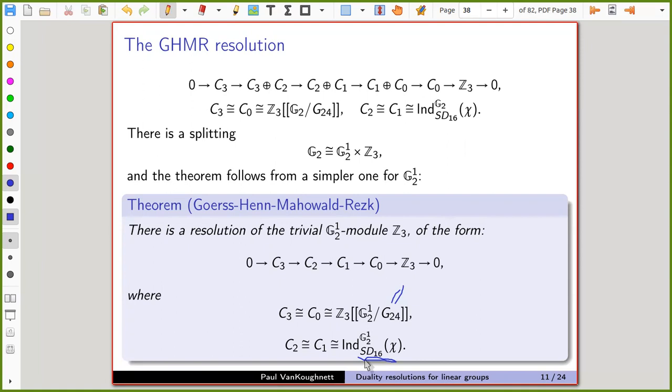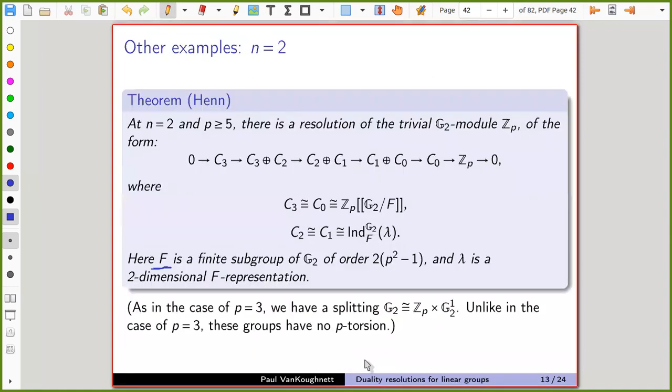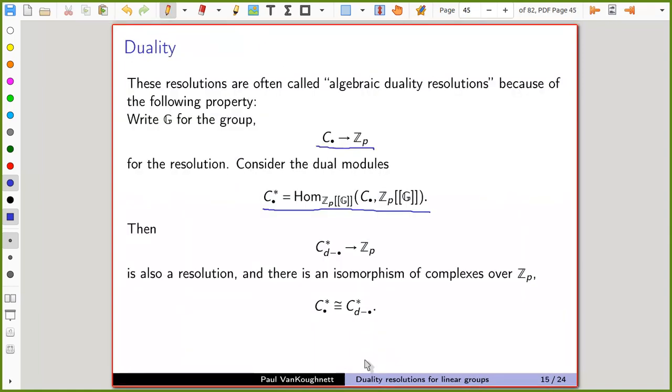There was another slide somewhere where you were mentioning a duality, and it was the duality induced by homomorphisms into the group ring. And this duality tends to send left modules to right modules. And it sends projective left modules to projective right modules, or the other way around, depending on your convention.